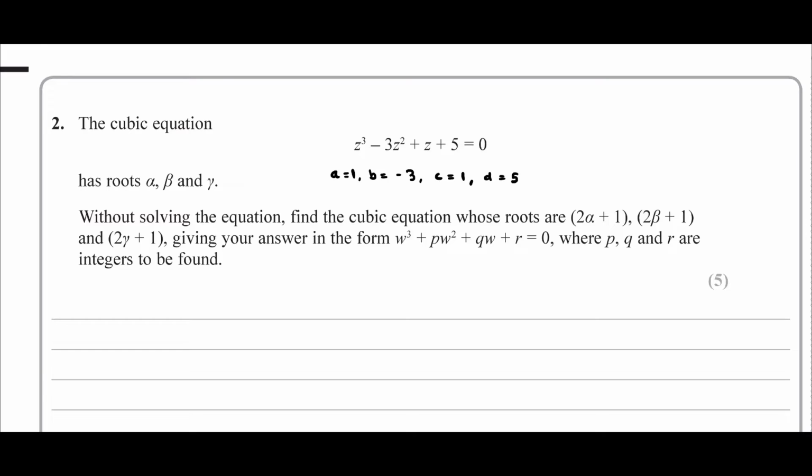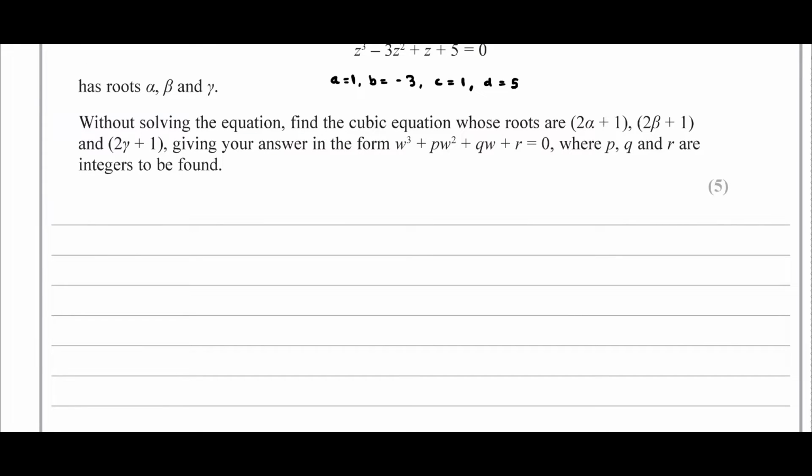We can first of all find the sum of the roots, the pair sum, and the product. So we can first of all find the sum, alpha plus beta plus gamma. That will equal minus b over a. So we have minus 3 over 1, which is minus 3. We can now find out the pair sum.